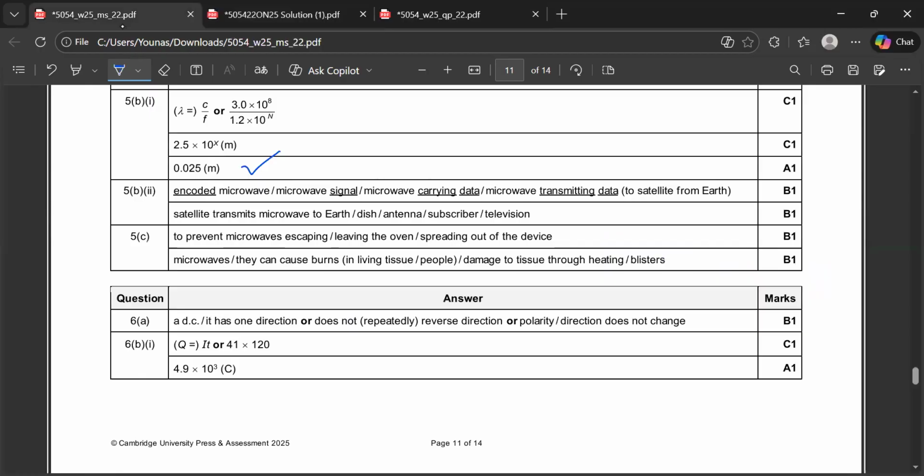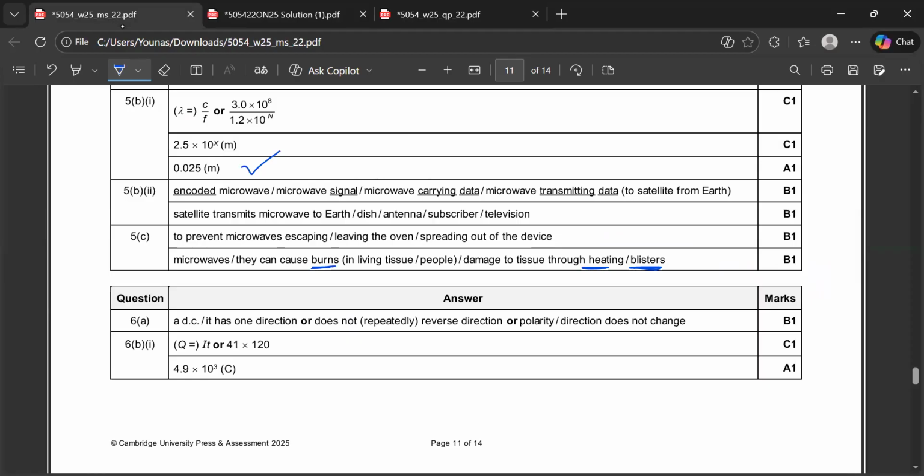Okay, he said to prevent microwaves escaping, leaving the oven, spreading out of the device. Microwaves can cause burns in the living tissue, people, damage to tissue through heating and blisters.